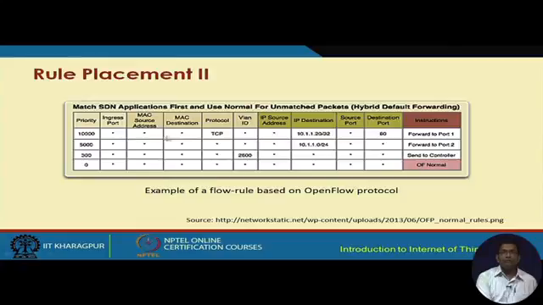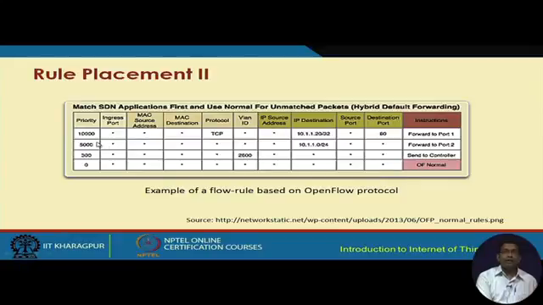If the values of the packet corresponding to these particular fields are different, it does not matter, but the protocol has to be TCP, and if the IP destination is this and the destination port is this, then the instruction, that means the action to be taken, is to forward to the particular port. Here it is forward to port 1. Like this, the other flow rules are given here.